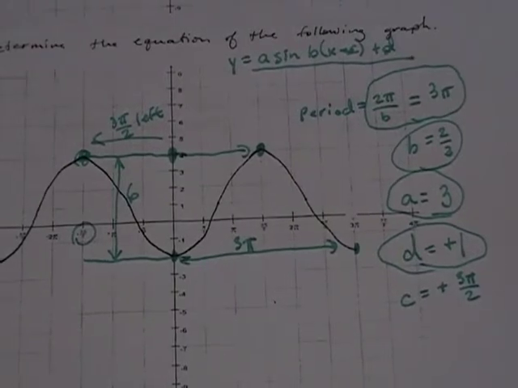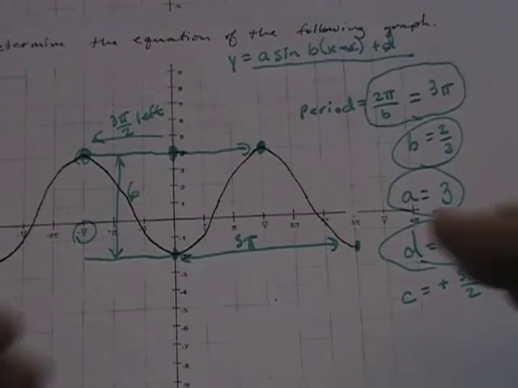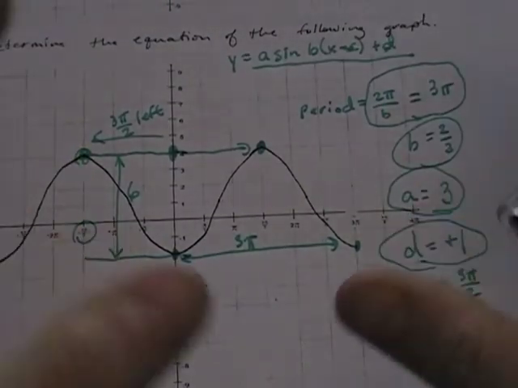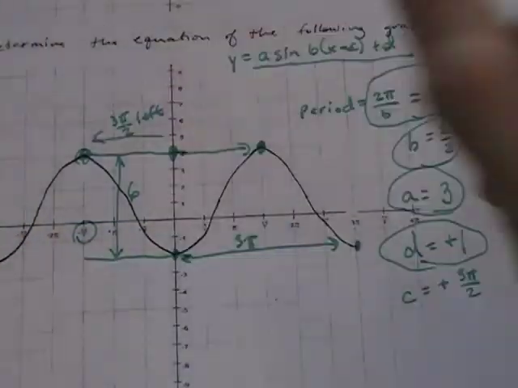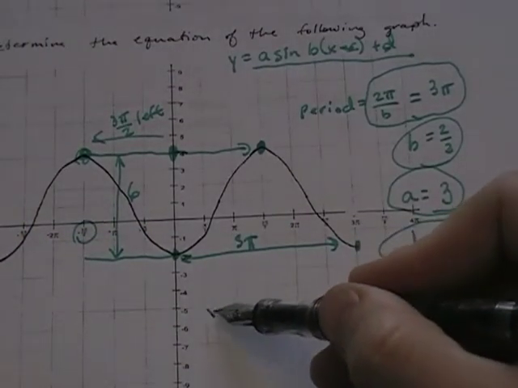So this is a cosine graph that's been shifted left, moved up, and stretched vertically and stretched horizontally. Okay, so on to writing our equation.